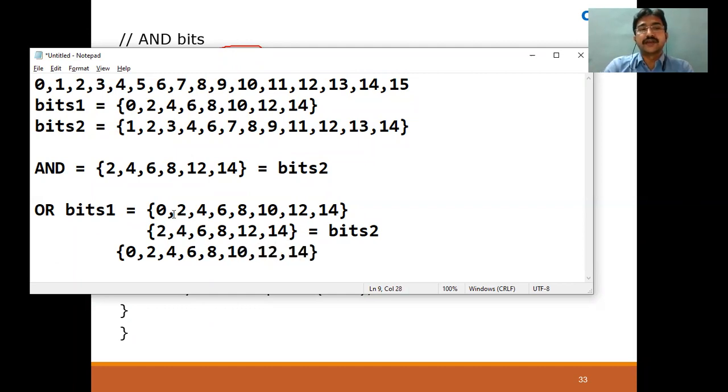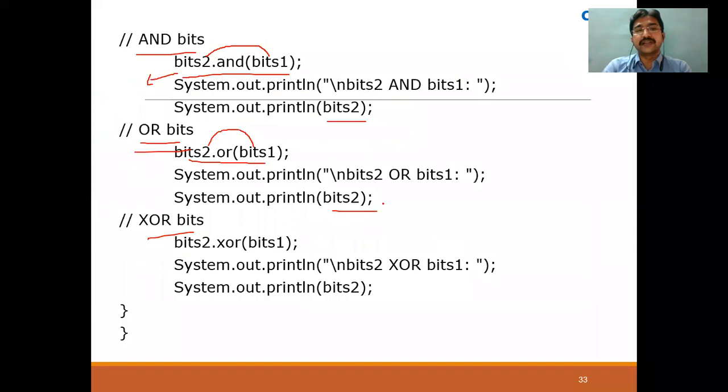So except 0 and 10, all the elements are there here. We are merging bits 1 and bits 2, the entire array. Now it is assigned again to bits 2. When you perform the OR operation, this is the output. Clear? Now it will display that output here.